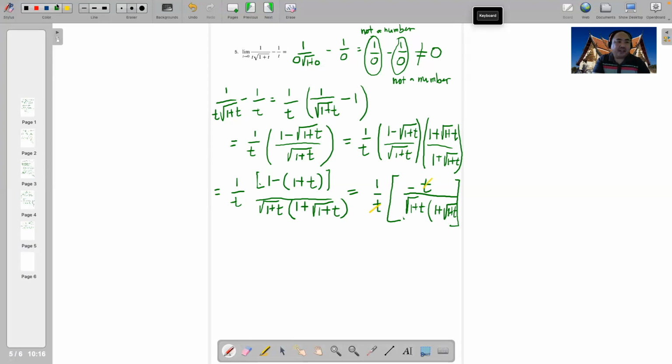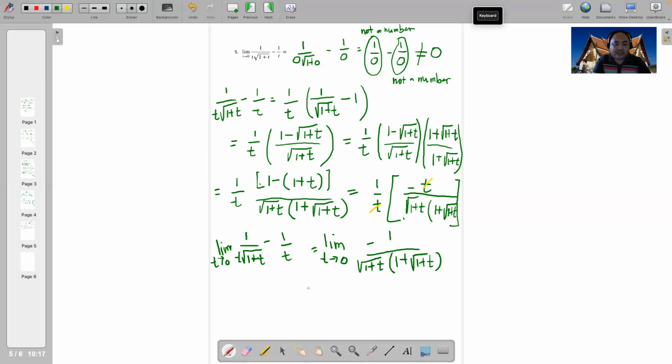So what does this mean? This means that the original problem, the limit of 1 all over t square root of 1 plus t minus 1 over t as t approaches 0, is just equal to the limit of negative 1 all over square root 1 plus t times 1 plus square root 1 plus t, as t approaches 0.